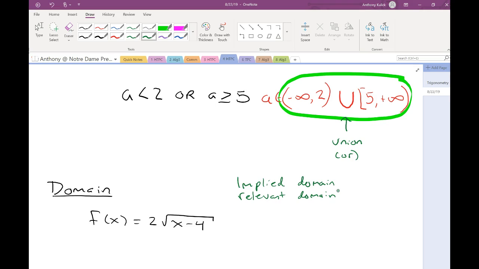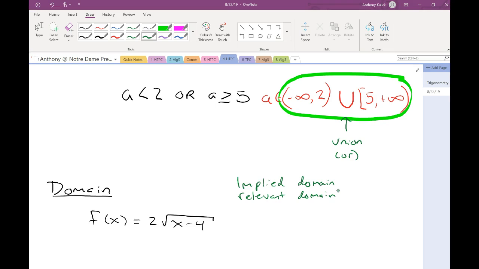So in this problem, is the relevant domain still all real numbers? If I plug in any real number, am I guaranteed to get another real number back out of this? No, right? Why not? Because you could have a negative under the square root giving you an imaginary result. So we don't want to include anything that would give me a negative underneath that radical.